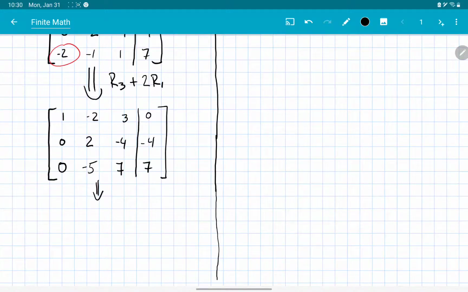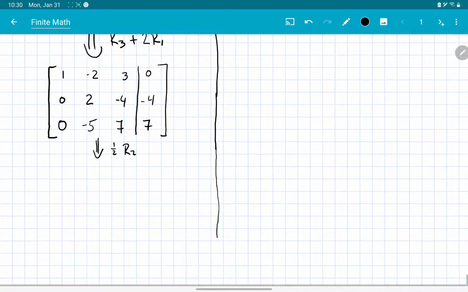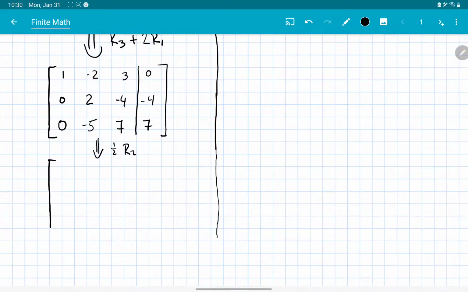All right, looking at this now, I want to focus on the second column. That 2 in the second column, 2, -4, -4, I'm going to divide that by 2. So I get a 1, because 1 is the easiest thing to work with. So I'm going to take 1/2 times row 2. You can see why someone would want to automate this.